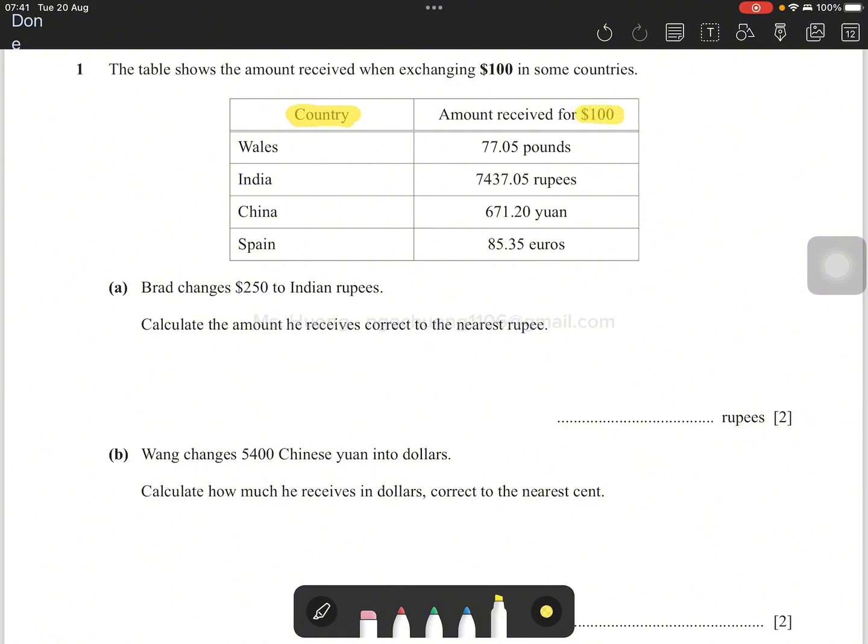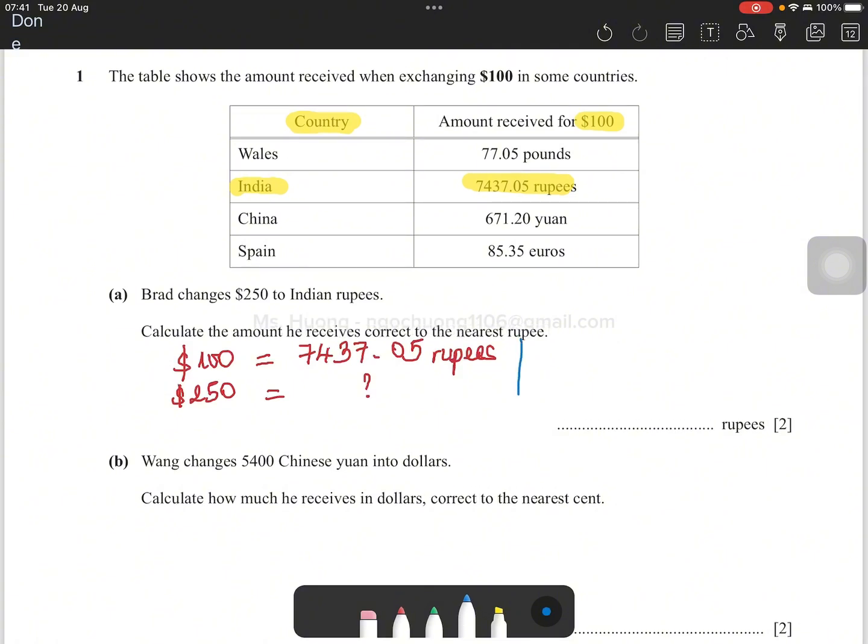A. Bread changes $250 to Indian rupees. This is Indian rupees. And you know that $100 is equal to 7,437.05 rupees. So, if we have $250, then how much is it in rupees?